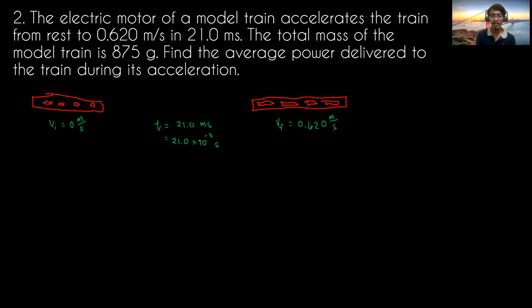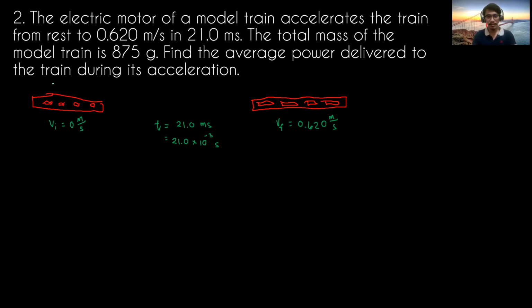Remember the prefixes that I introduced to you during our first lesson in physics. So milli, micro, kilo, hecto, deci, giga, mega. Those are the prefixes that you need to be familiar with.